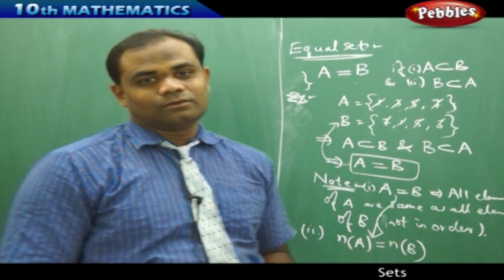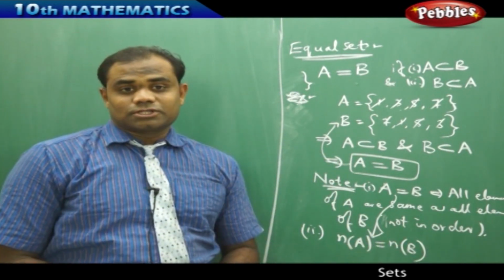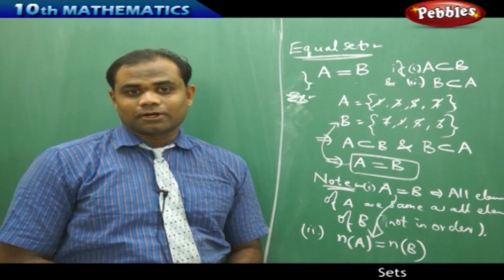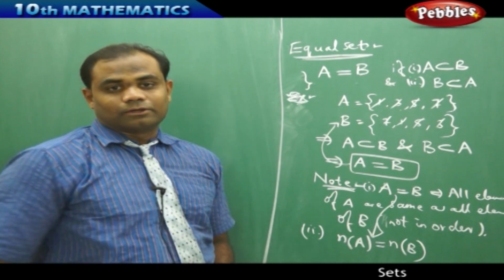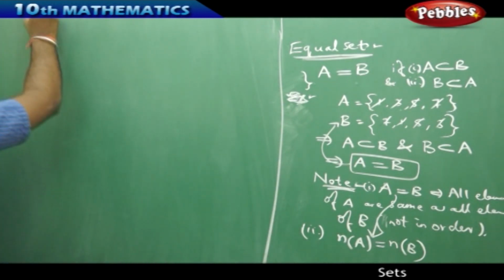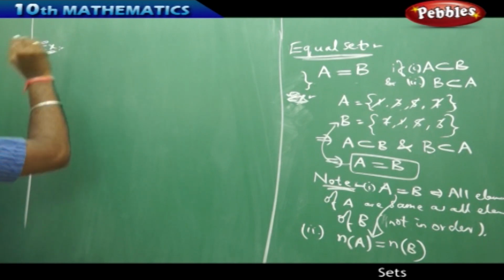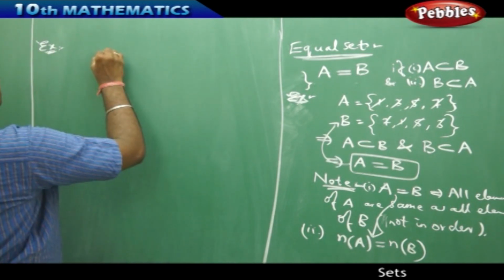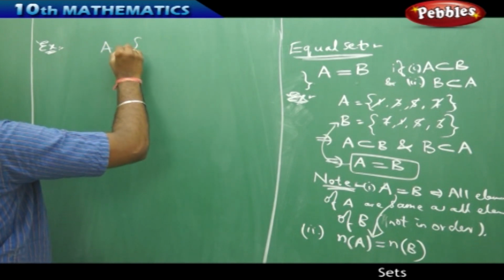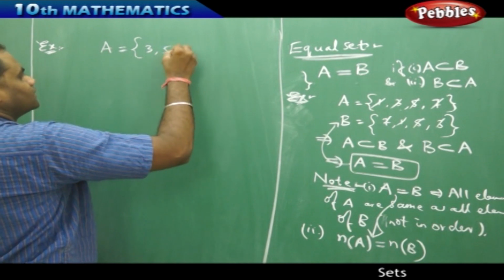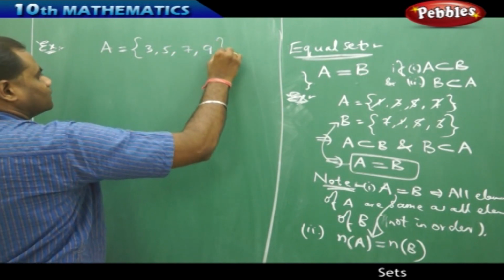Now let's take one example which is quite interesting to understand the equality of sets or even the subset concept using this peculiar example. So for example, I take a set A equal to, with my own example, {3, 5, 7, 9}.